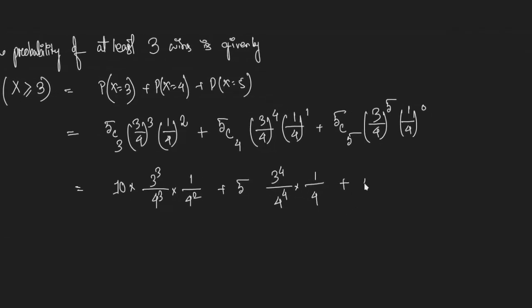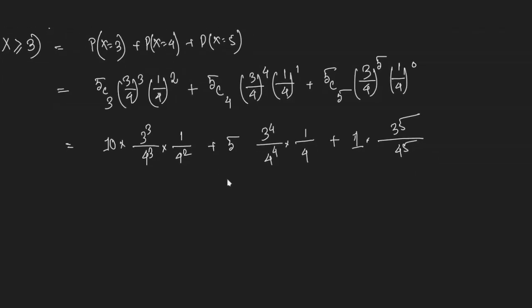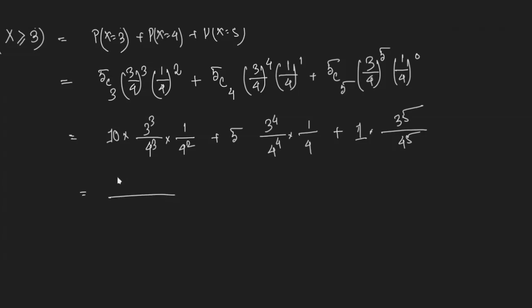Plus 5C5 is 1 times 3 to the power 5 over 4 to the power 5. Basically this is 10 times 3 cubed over 4 to the power 5, plus 5 times 3 to the power 4 over 4 to the power 5, plus 3 to the power 5 over 4 to the power 5.